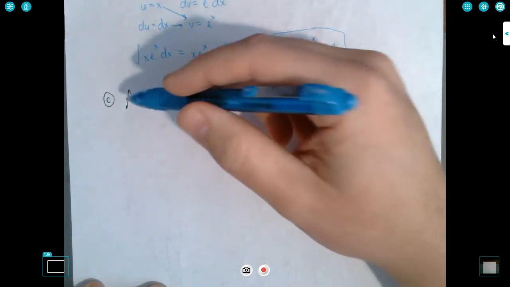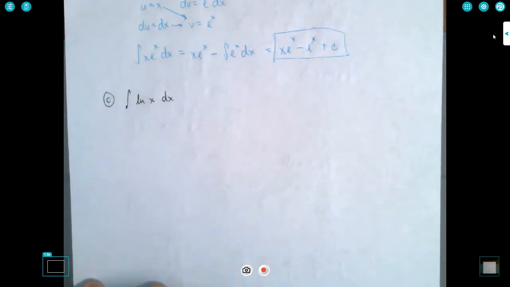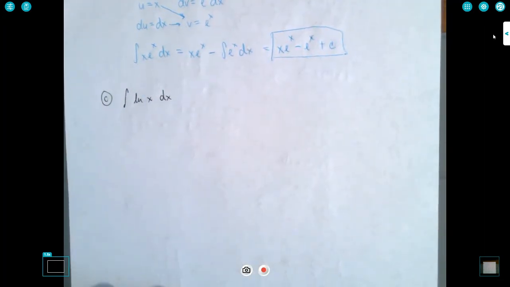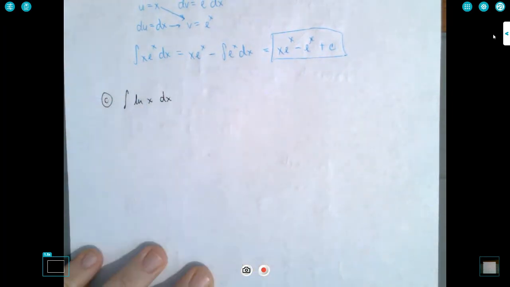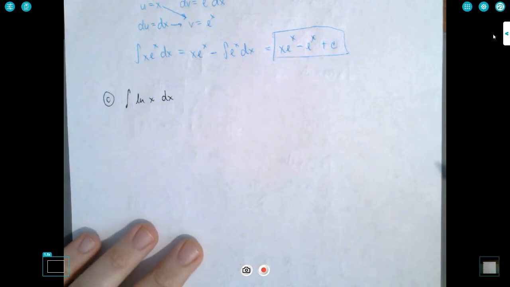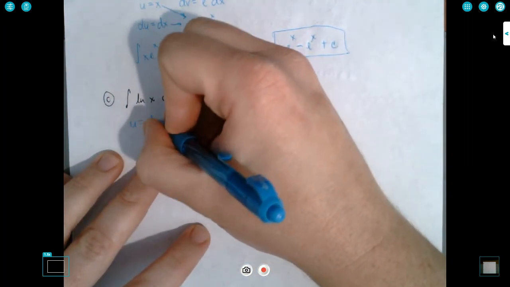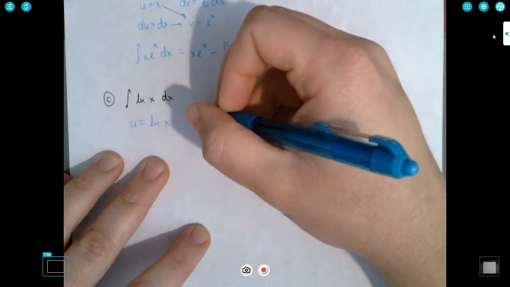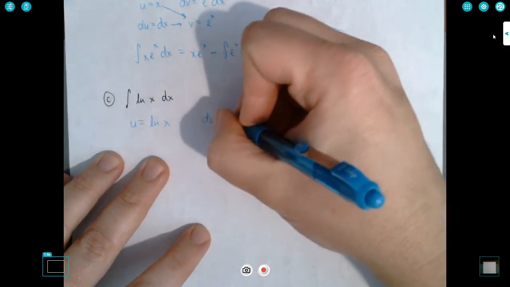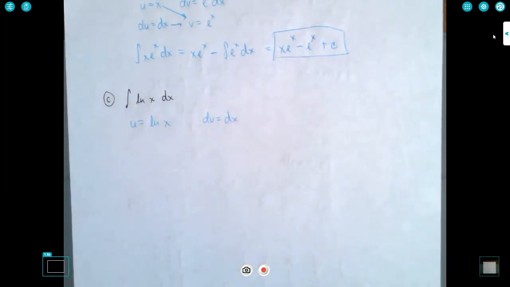But in that case, that doesn't really work out, because then you'd let u be dx, which you don't really want to do. So LIATE doesn't really help you here. What you want to do is let u be natural log of x, and let dv just be dx. Okay.